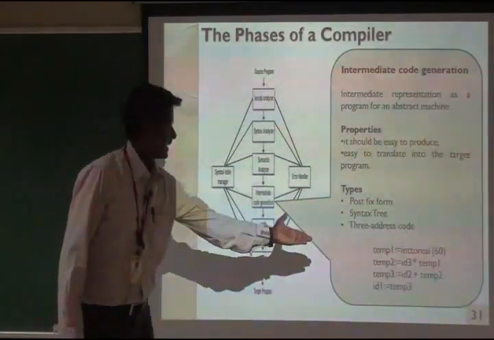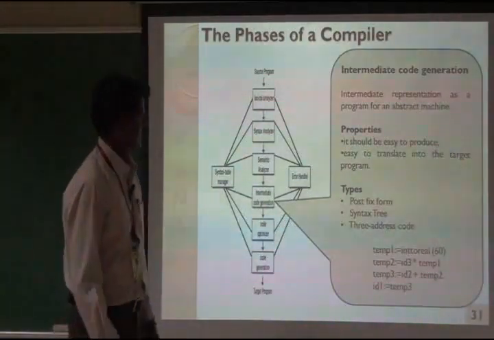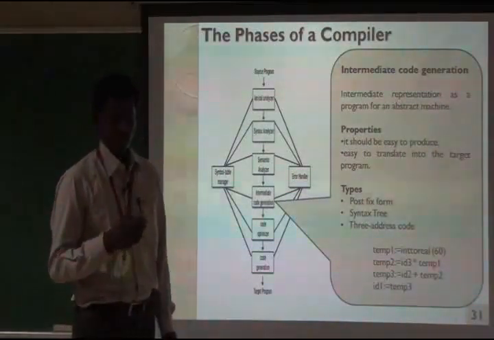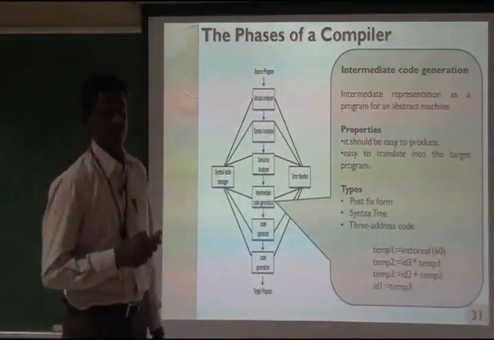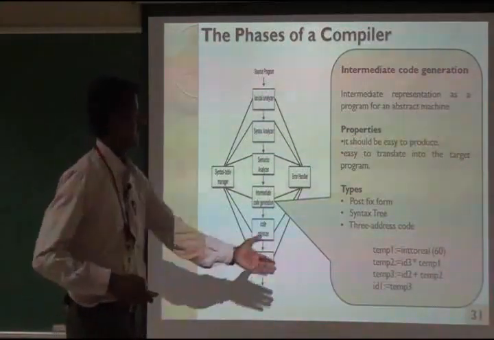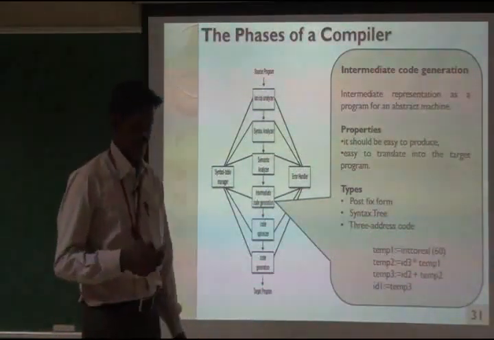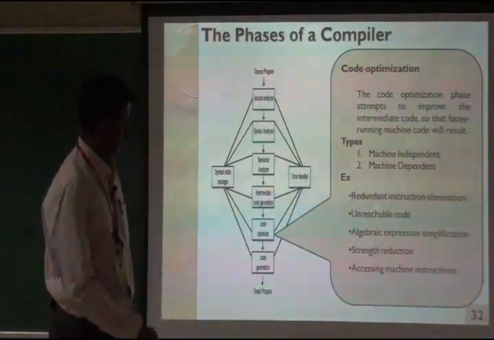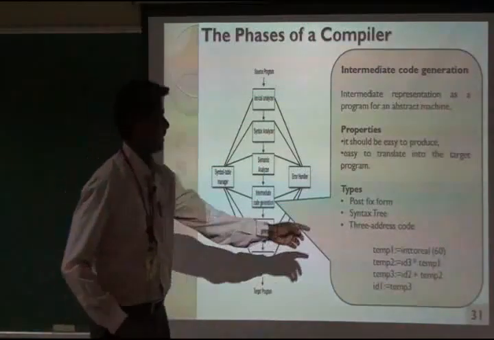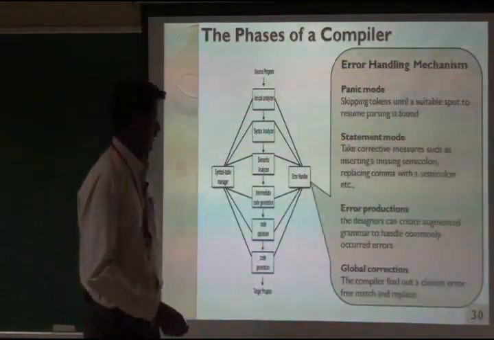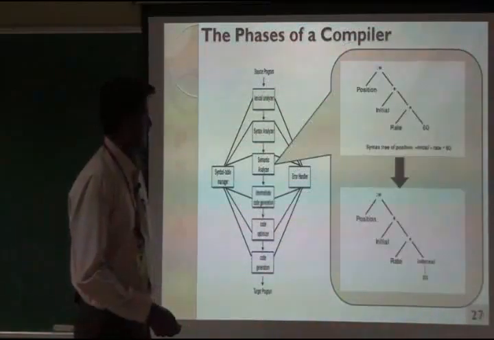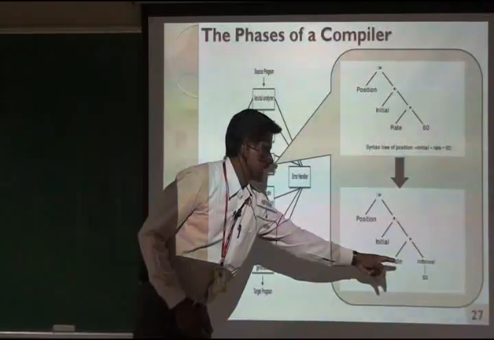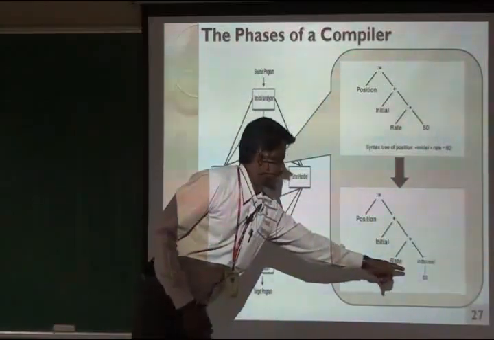Okay. So here we have a three address code. As per our example, our statement is position equal to initial plus rate into 60. We have the equivalent intermediate code. First, it creates an intermediate form for this conversion.